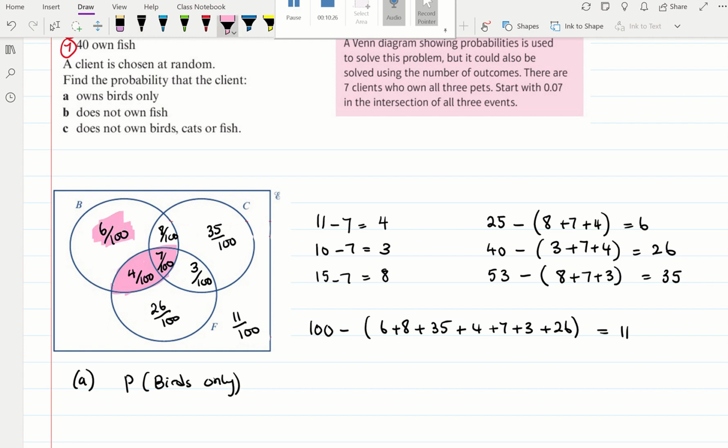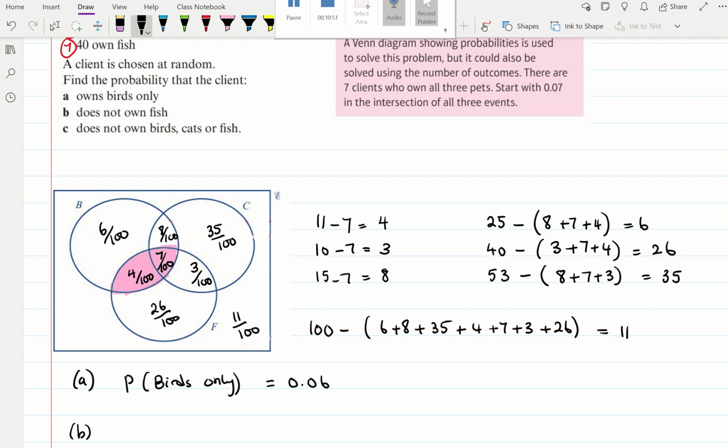Well, that's the probability of just birds, 0.06. And then probability of B. So basically birds only means that a person has birds but not cats and not fish, which is 6 over 100, 0.06.